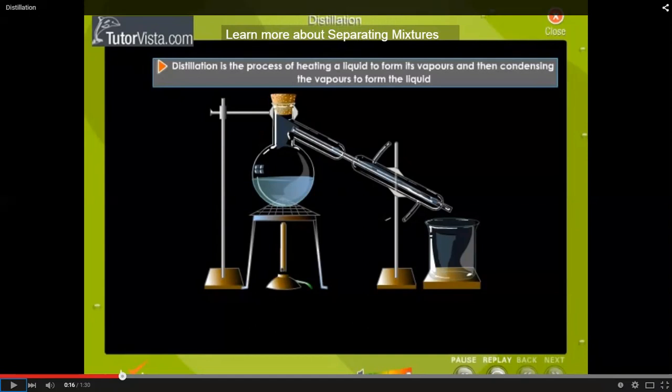So done. Okay, this is the distillation apparatus.